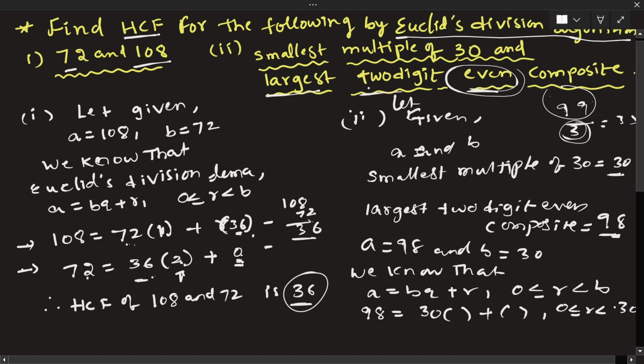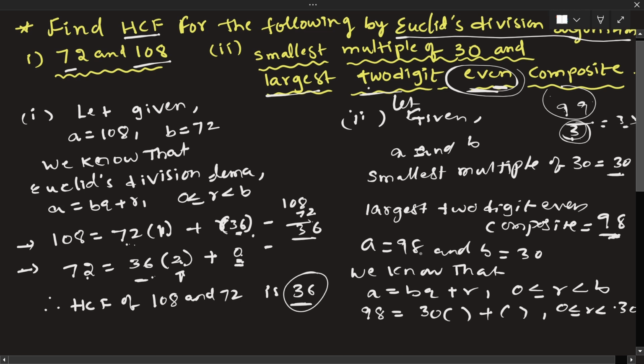The largest two digit number is 99. When you divide it by 3 we get 3 as also a factor of 99, so it is a composite number, but it is the largest odd number. In the question they gave an even integer, so we will consider the largest even two digit number as 98.